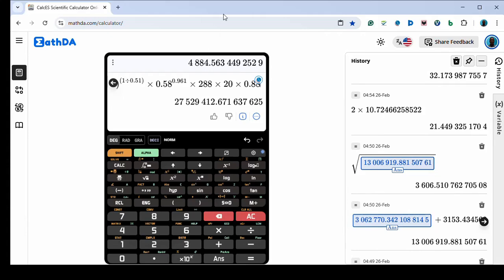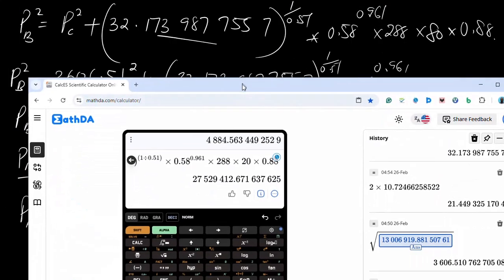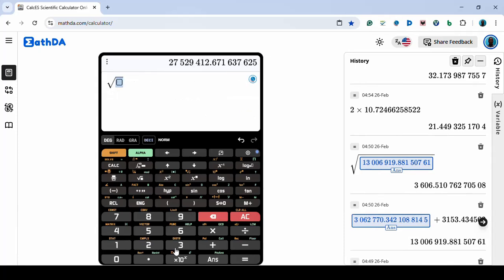So now let's calculate for P at A, the pressure at A. So we now find the square root of this answer.